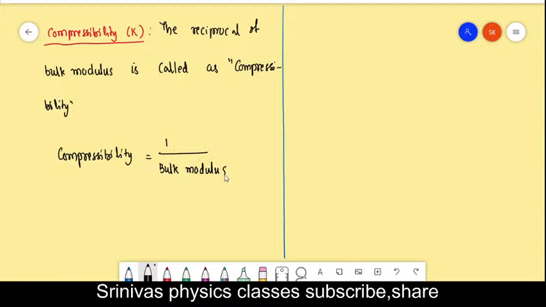That is C. This we can also write as K, where K is the bulk modulus, that is 1 by B. Previously we discussed the B formula, right? Its reciprocal is the compressibility. 1 by bulk modulus, that is minus delta V by P V.